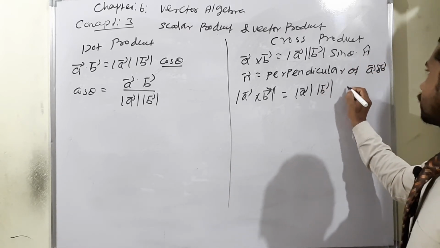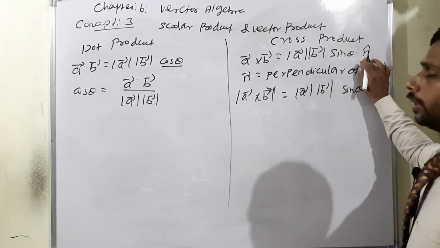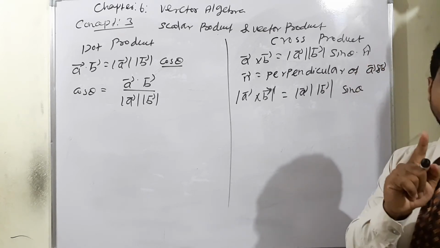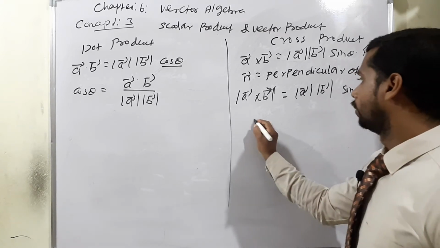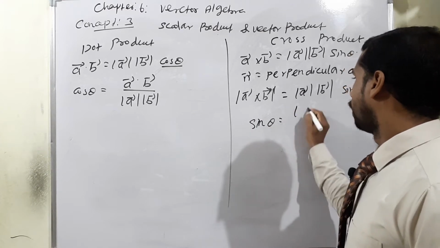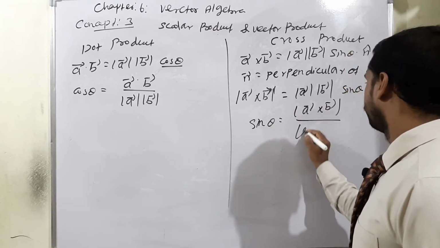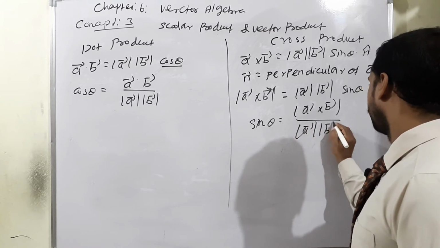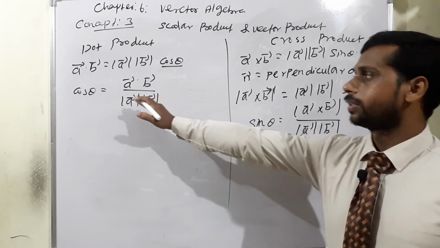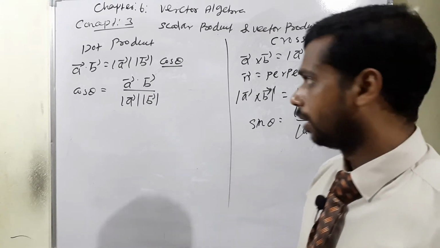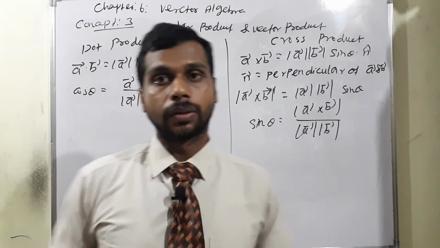Now for sin theta, we can neglect n cap, the unit vector, because we can call it 1. Therefore sin theta is equal to modulus of a vector cross b vector divided by modulus of a vector into modulus of b vector. That is the difference between sin theta and cos theta in the dot product as well as the cross product.